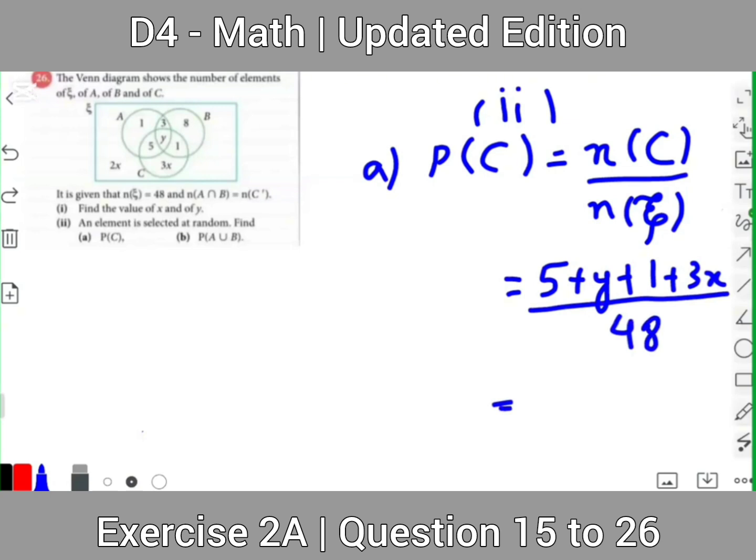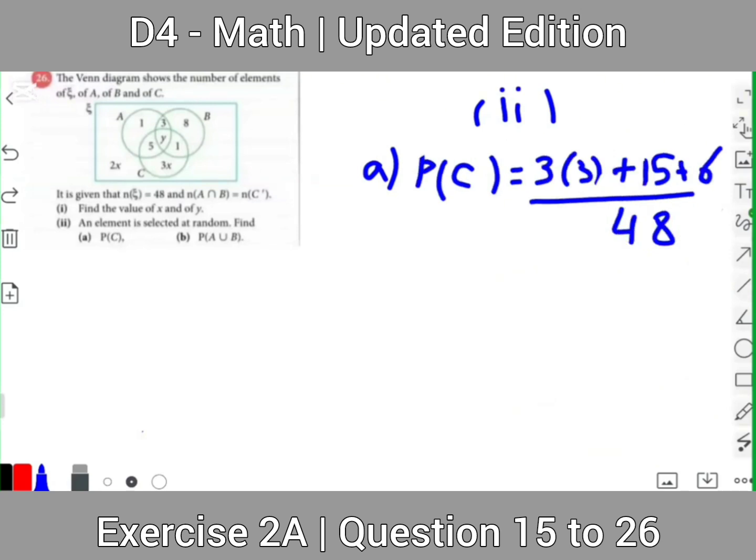And it will be simplified to 3x plus y plus 6 over 48. We put in the values of x and y that we found in part 1, and after adding up, we will get 30 over 48. After simplification, we will get 5 over 8. So the probability for C is 5 over 8.